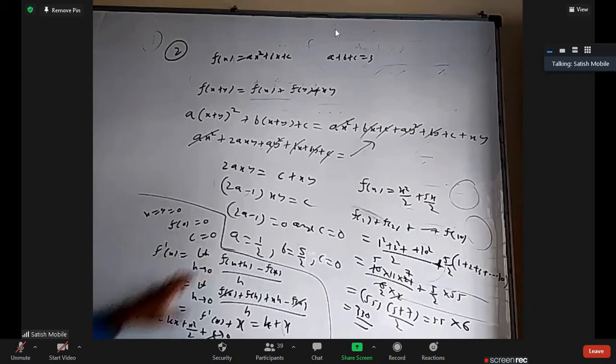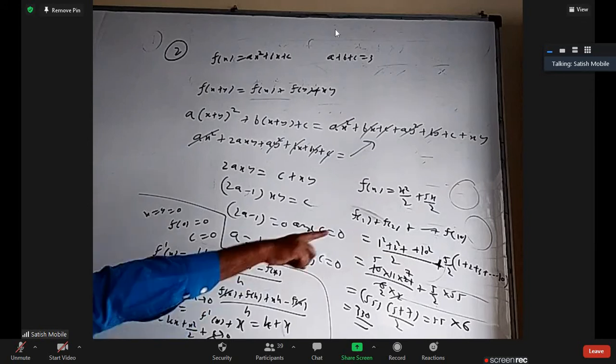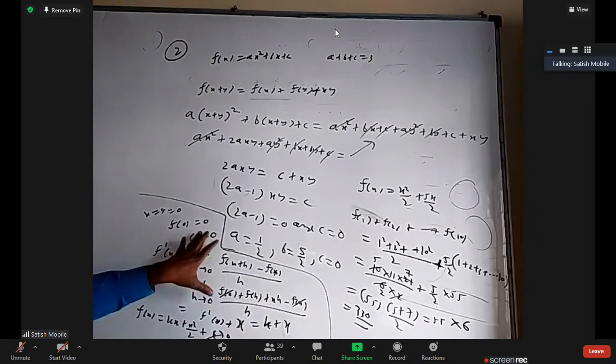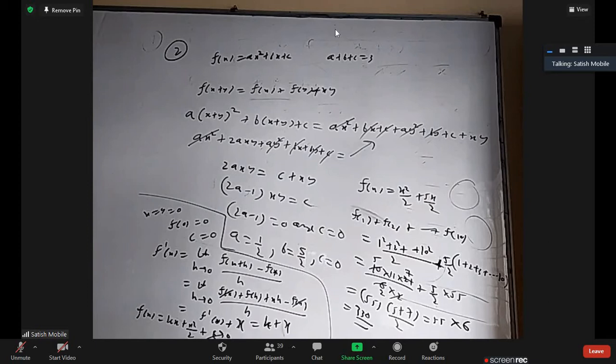Got it. How to know k? Further they gave, of course, that a plus b plus c equal to 3 is important. Instead of a plus b plus c equal to 3, they could have given f of 1 equal to 3. So from that you'll get k as 5 by 2, and again the same story. This is a different approach to this whole thing, where they have not given ax square plus bx plus c as f of x. Is it all right? Second one?